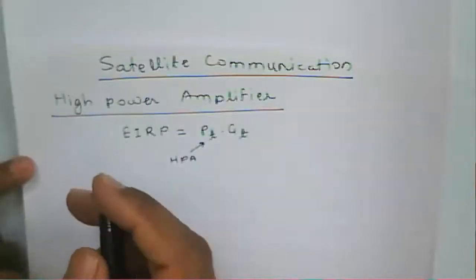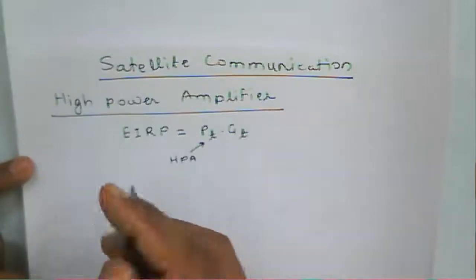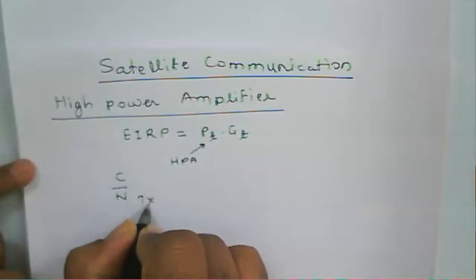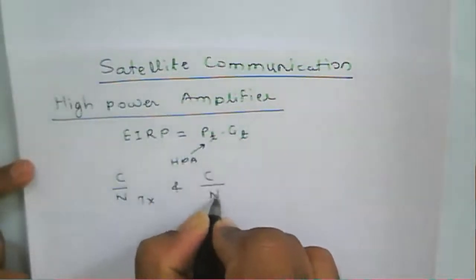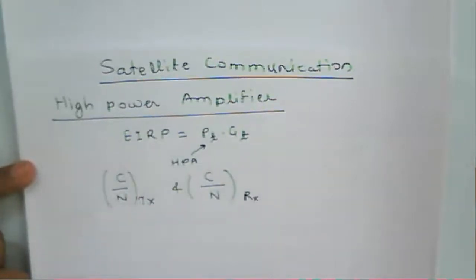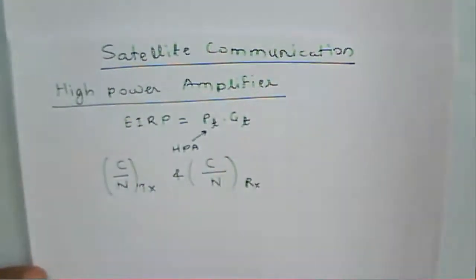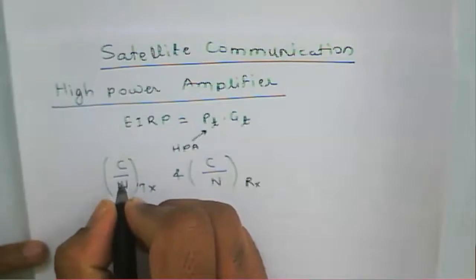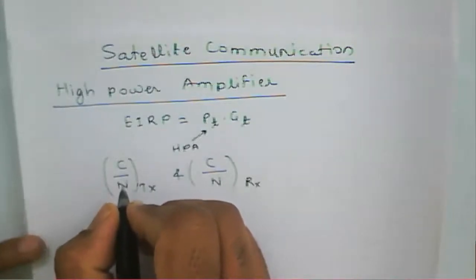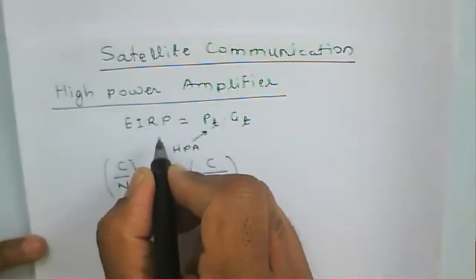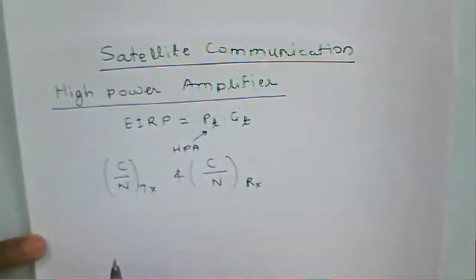So the combined carrier to noise ratio is nothing but the C/N for the transmitter and the C/N for the receiver, and we get a combined carrier to noise ratio. To achieve a high carrier to noise ratio, we need to use a high power amplifier so that we get the desired value of EIRP.